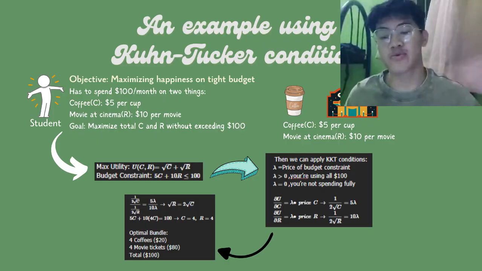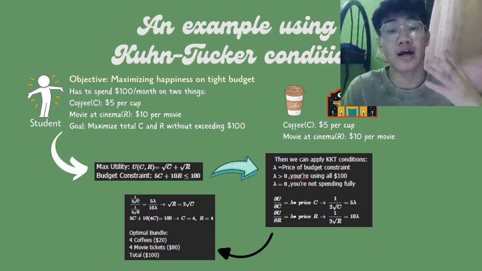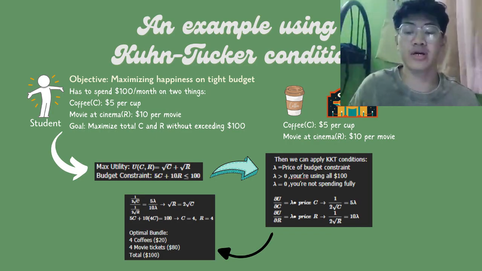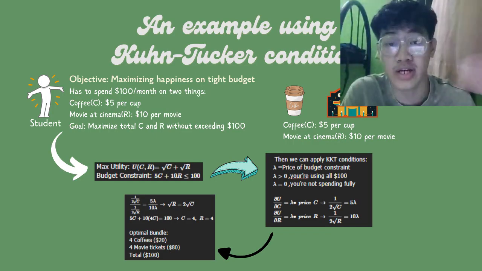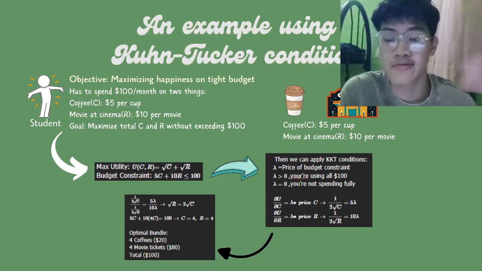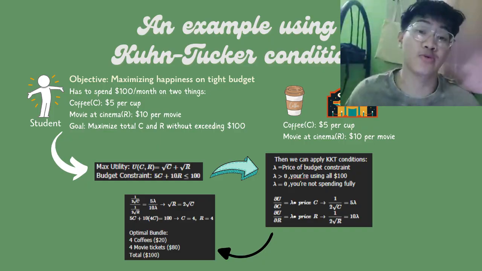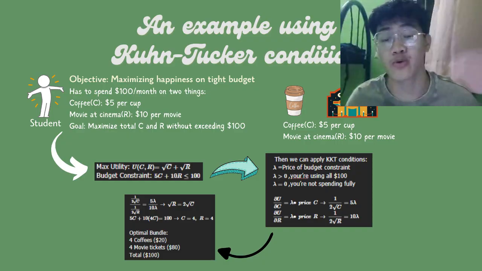From this we can produce our inequality constraint: 5C plus 10R less than or equal to 100.